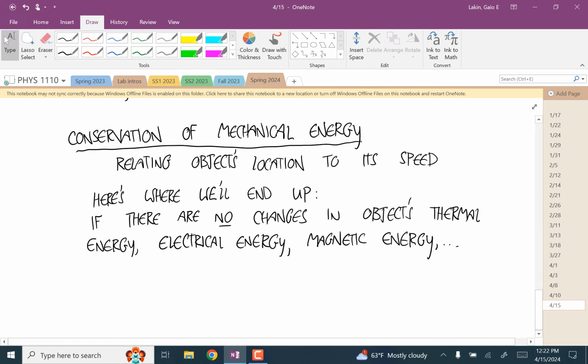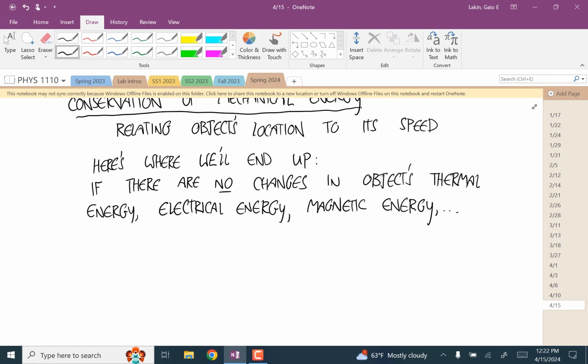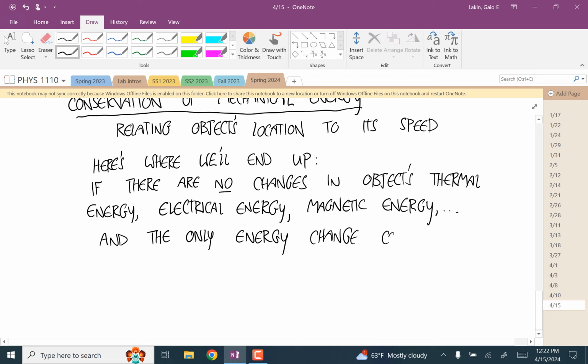In that case, oh, and one other requirement. So if there's no changes in all these different kinds of energy, and the only energy change comes from what's called potential energy.